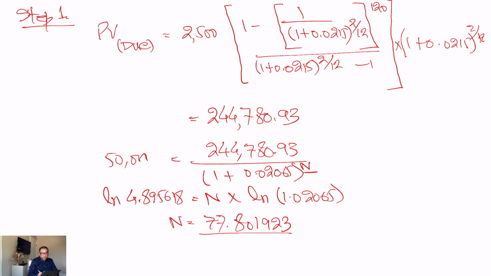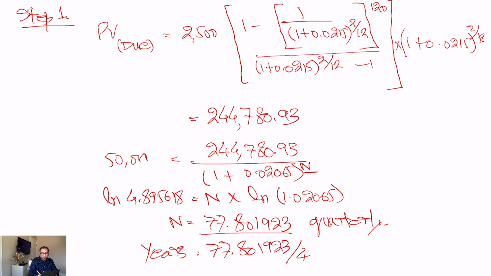Because this is quarterly, if we want to find out years, how can we do it? We divide 77.801923 by 4, so we get 19 years and 3 months.